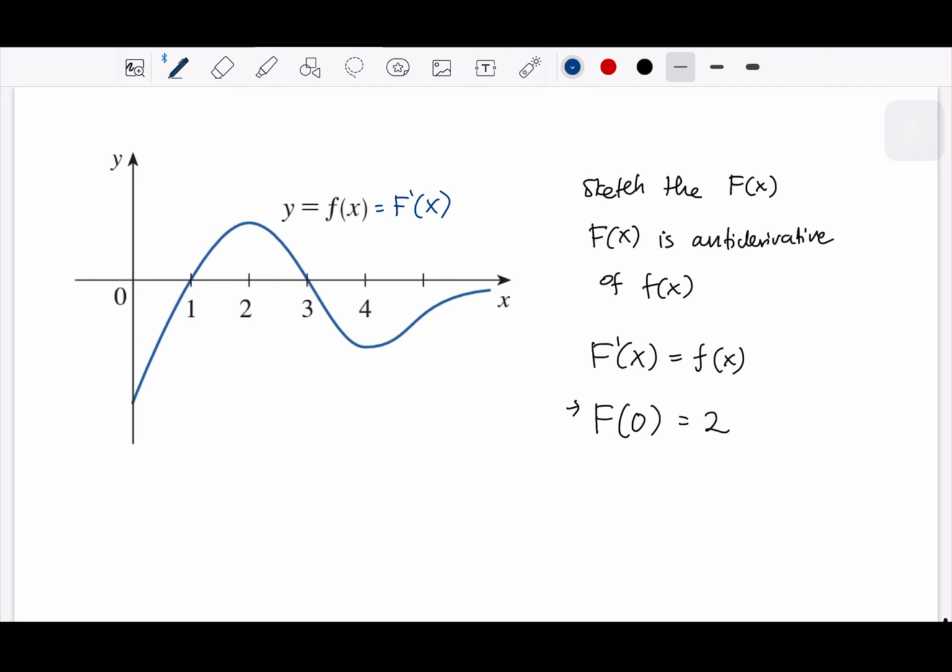And we know from our information here that when x equals 0, the value is 2. So we start from here, maybe this one is 2, and we move going down, decreasing. And then we also need to make sure of this point where it's changing from negative to positive, so it's going to have a local minimum at x equals 1.